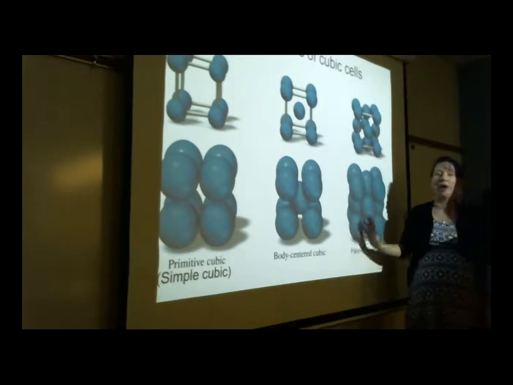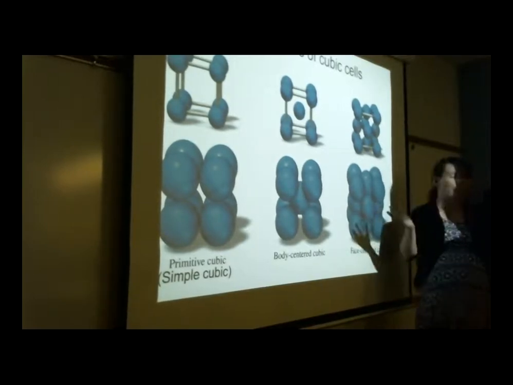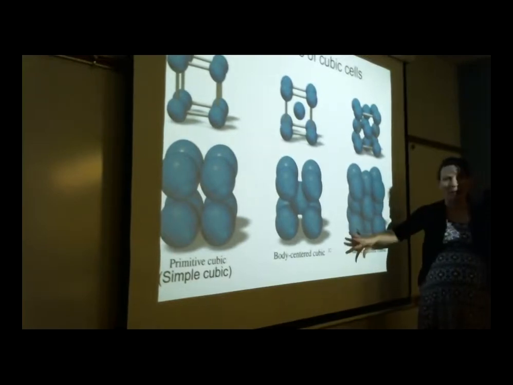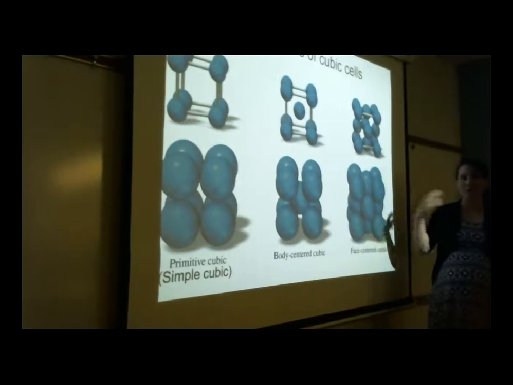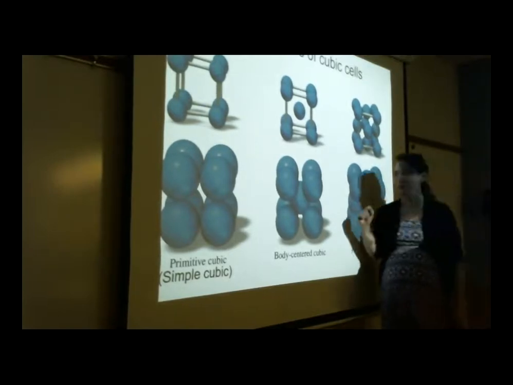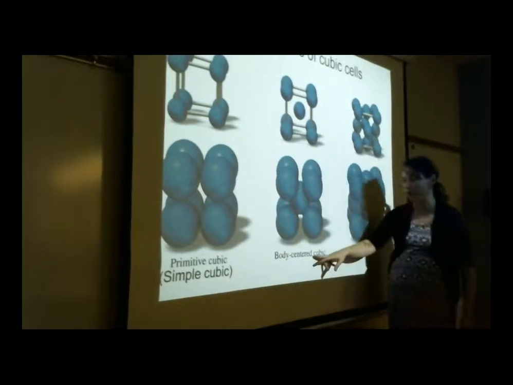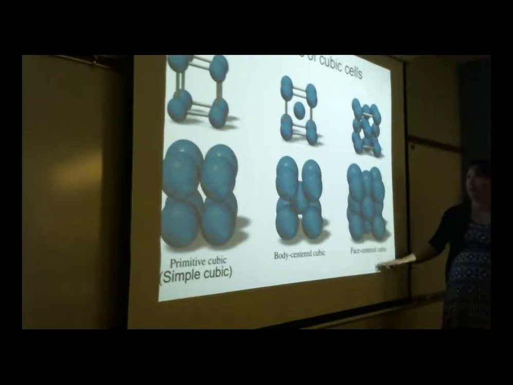We're going to look at all three of these, okay? I'm going to do my best to represent three-dimensional objects on a planar screen. Obviously there are limitations, but I think if you visualize, it'll help. So we'll look at simple cubic, SC, body-centered cubic, BCC, and face-centered cubic, FCC.